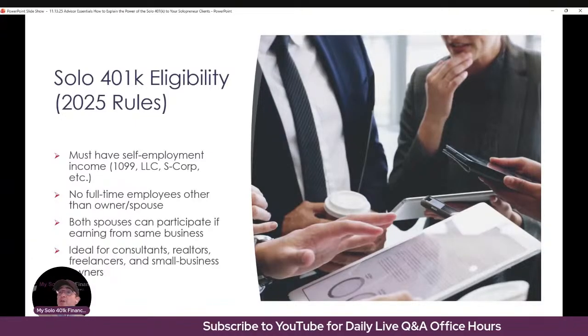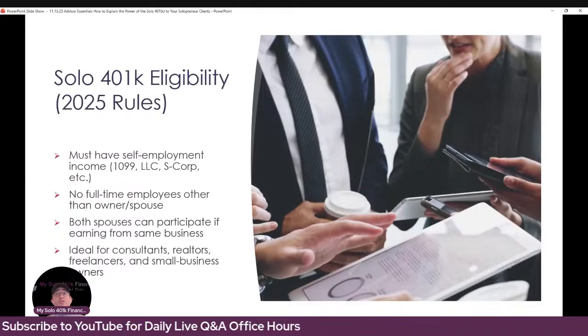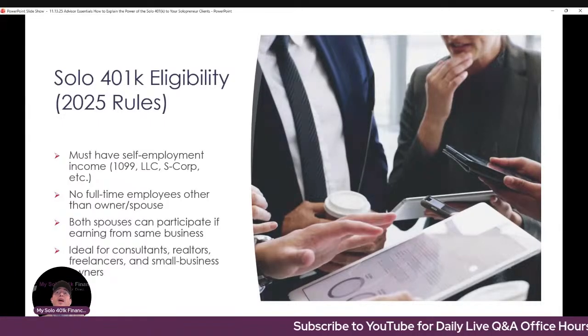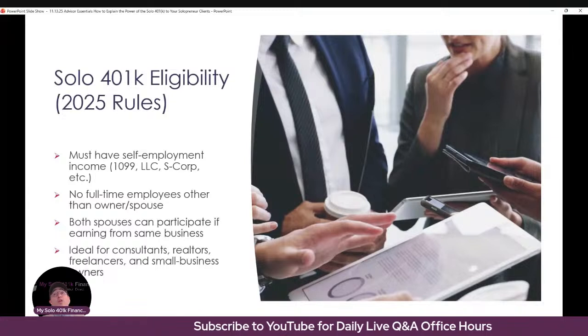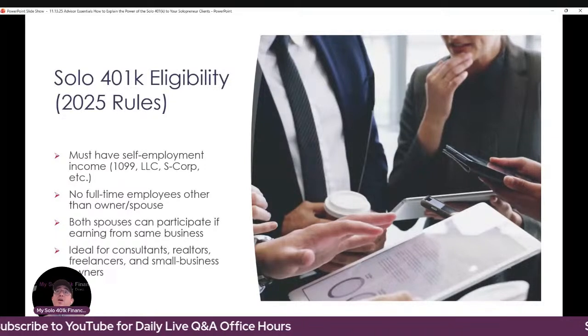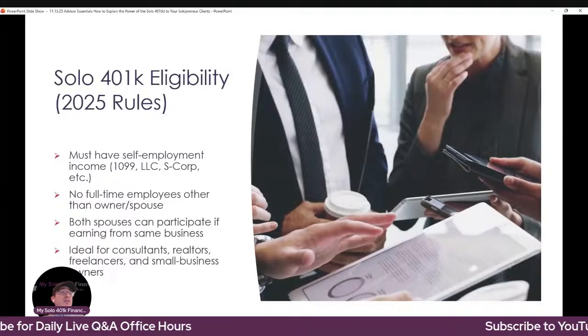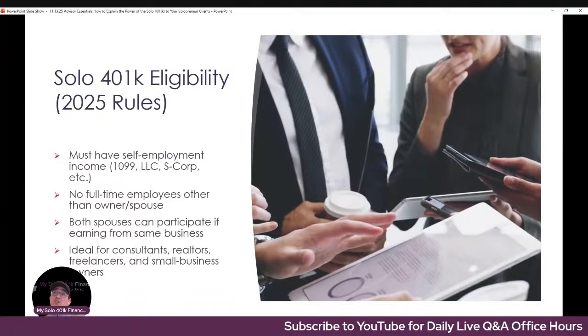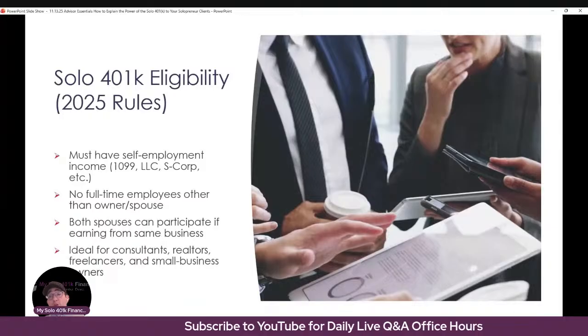There could even be other owners of the business that are working in the business as long as they're at least 3% owners, and it would still be considered an owner only plan as long as there's no other non-owner, non-spouse employees really working for any business owned by you or a spouse, if any. So ultimately, the solo 401k plan can be ideal for self-employed individuals such as consultants, realtors, freelancers, and other small business owners.